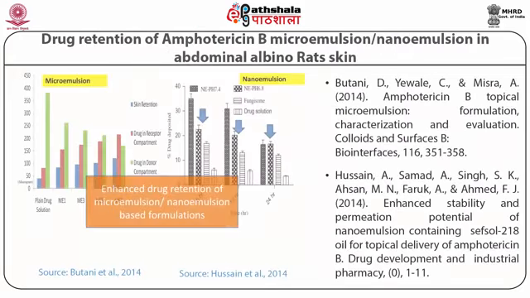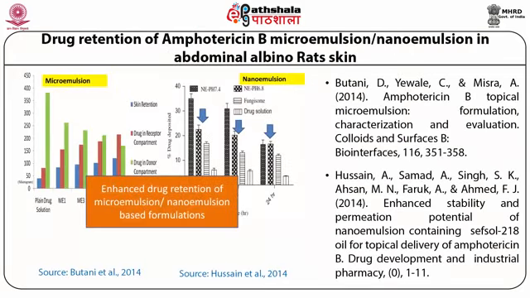formulation. The drug retention of Amphotericin B in microemulsion and nanoemulsion in abdominal albino rat skin, when examined, suggested that there is an enhancement in drug retention when given in microemulsion or nanoemulsion based delivery systems.